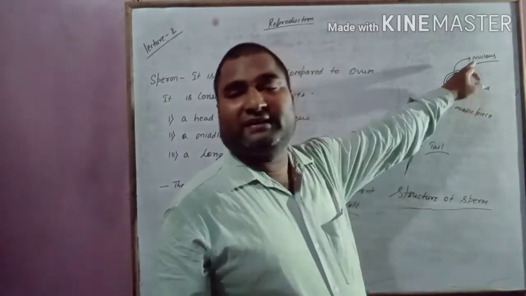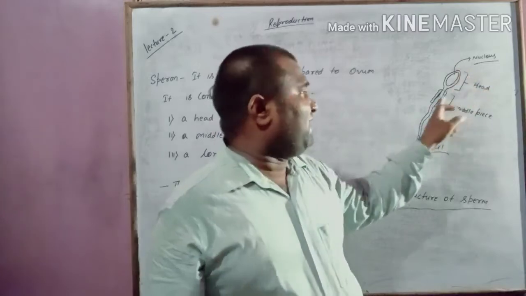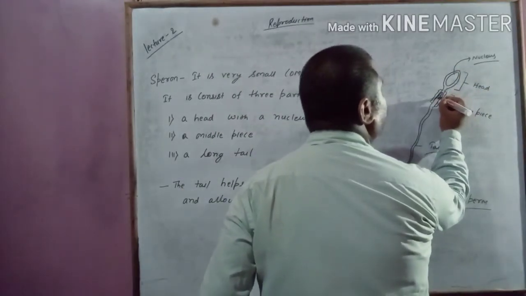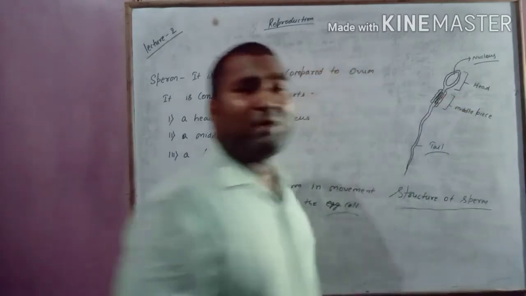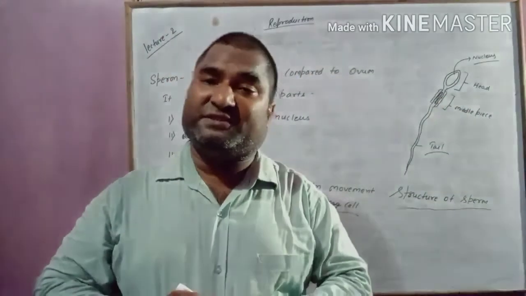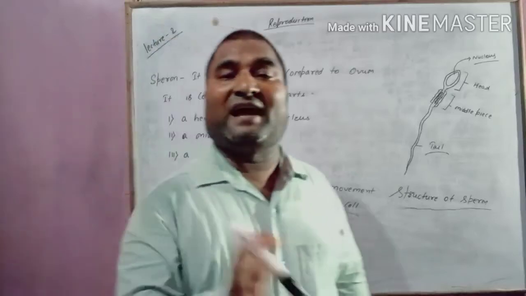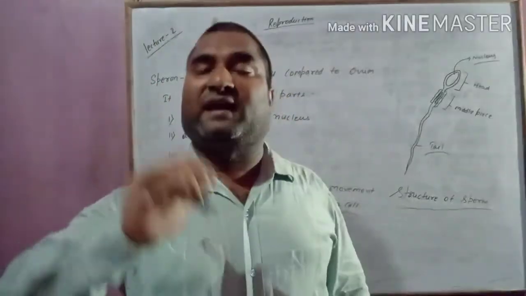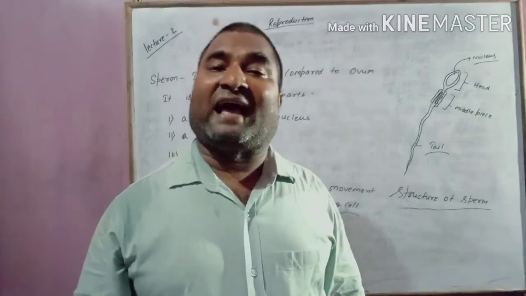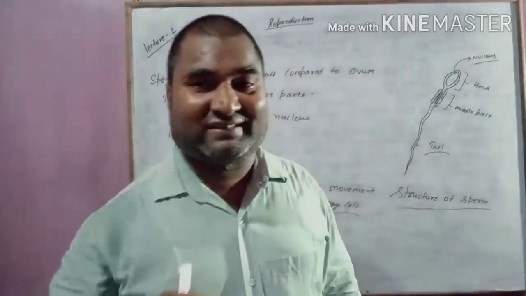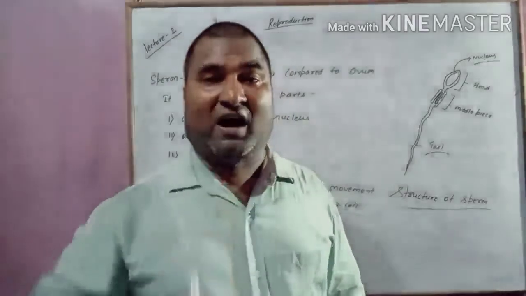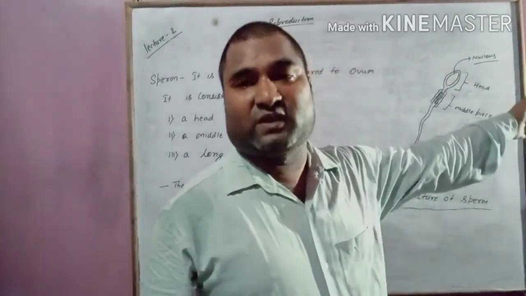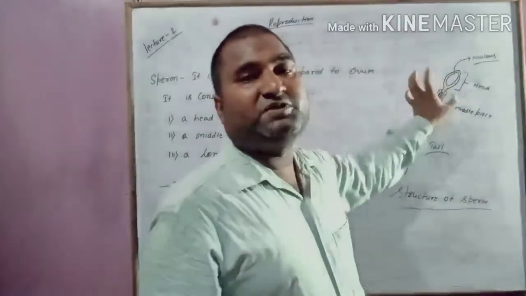In the head there is a nucleus, and in the middle piece there are lots of mitochondria, and these mitochondria give energy to the sperm so that it can swim. When sperm is released inside the female's body, it has to travel a long distance to reach the ova, where it gets fertilized or fused with the ova to produce a zygote.